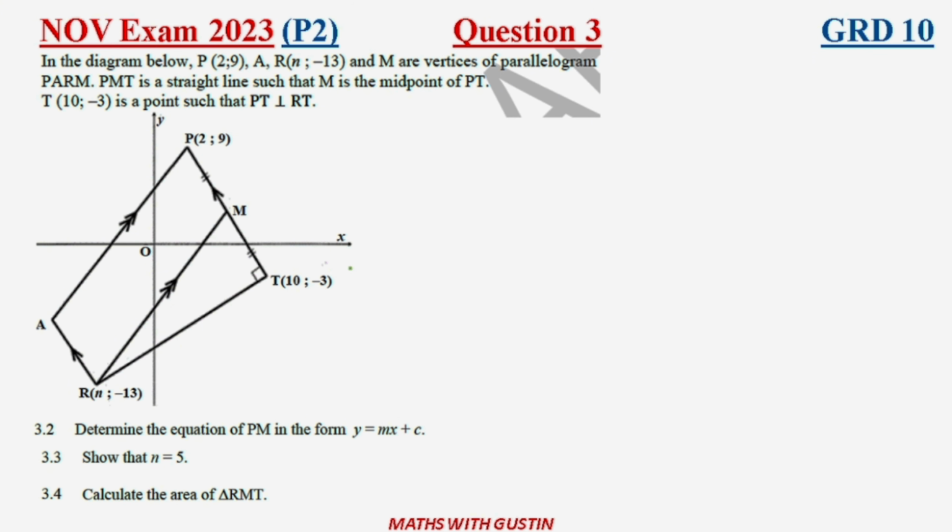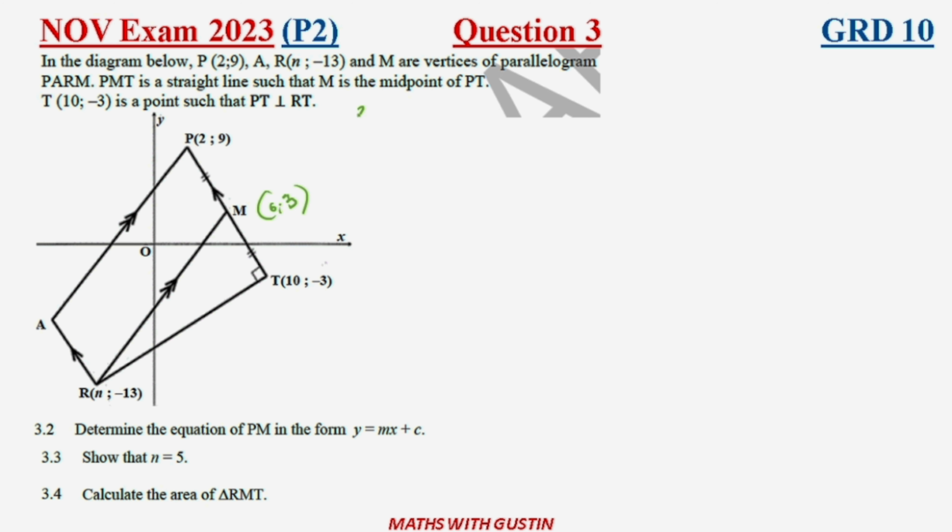Okay, here we go. We already have this midpoint, which is given by (6;3). So now they say determine the equation of line PM in the form of that.